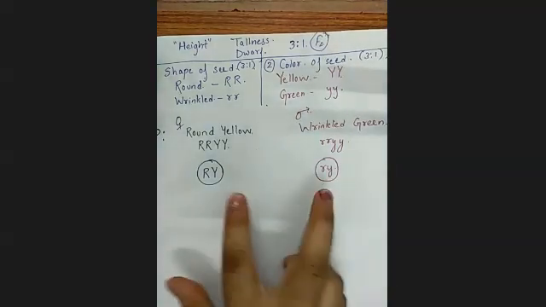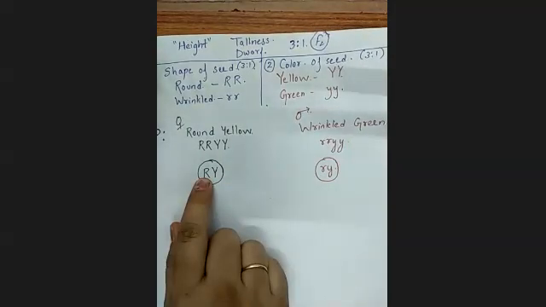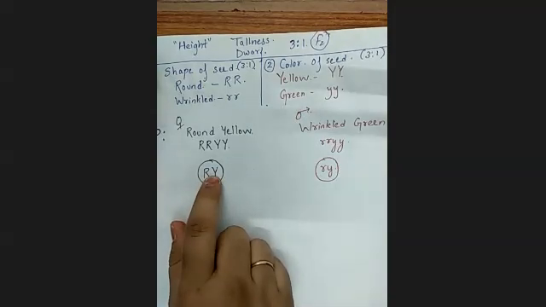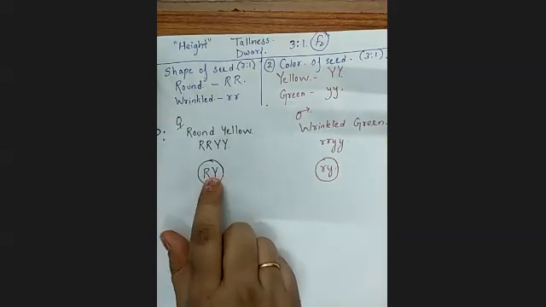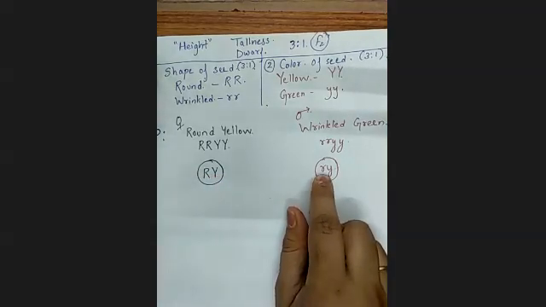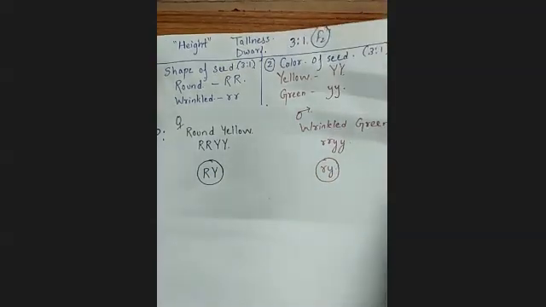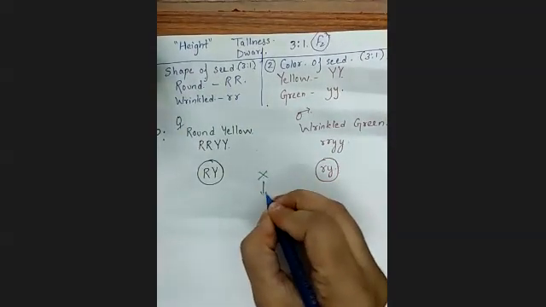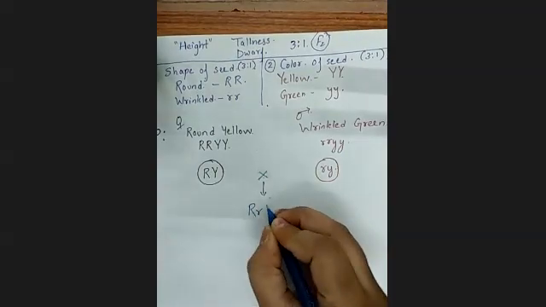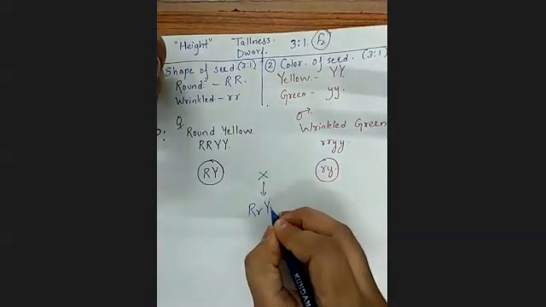Now, when these types of ovules and pollens are getting fused, do understand both of them are different traits, different characters. So, a round and yellow ovule was crossed with wrinkled and green pollen. Whatever result he obtained was Rr, Yy.